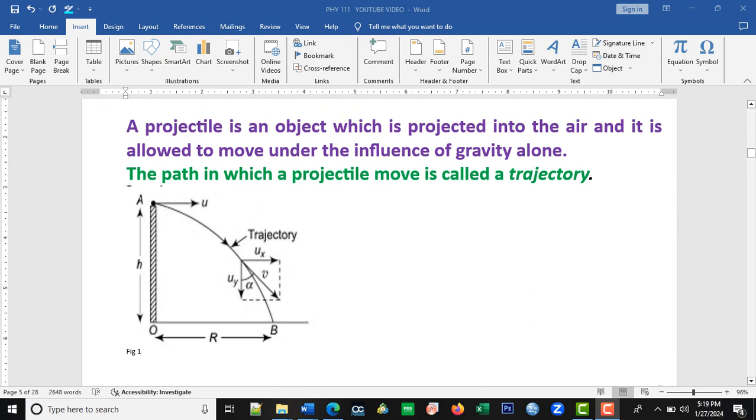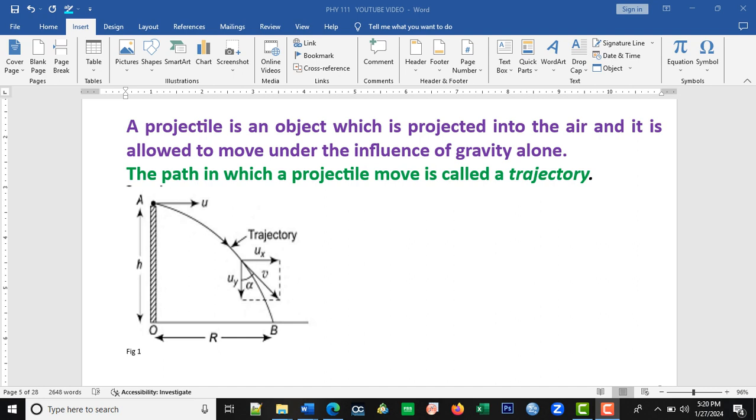So you can see the kind of projectile we are going to consider for this very example is the one that is projected from a height above the ground. We are still going to look at other ones, but for today, we are looking at a projectile where the object is being projected from a high building or a tower.